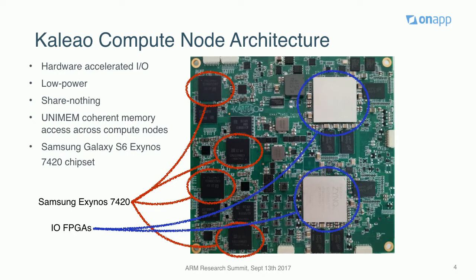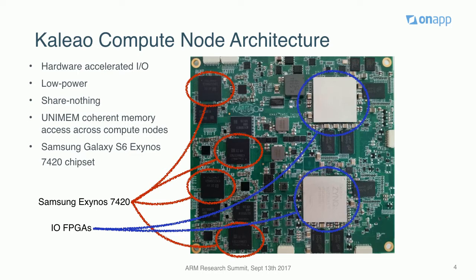So this is key to the architecture, and in particular to the scalability of the overall system. It's a very small compute board, and as part of this, we're able to achieve extremely high levels of density in the server system. It's a low-power board with hardware-accelerated I/O. So the FPGA components here.